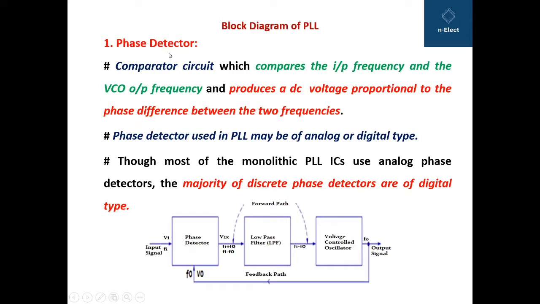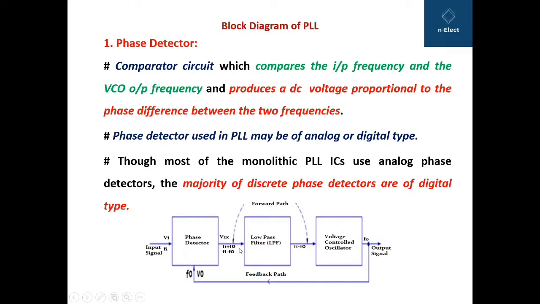Phase detector, basically, is a comparator circuit which compares the input frequency which we are applying here and the VCO output frequency which is coming as a feedback signal, and produces a DC voltage proportional to the phase difference between the two signals or two frequencies.